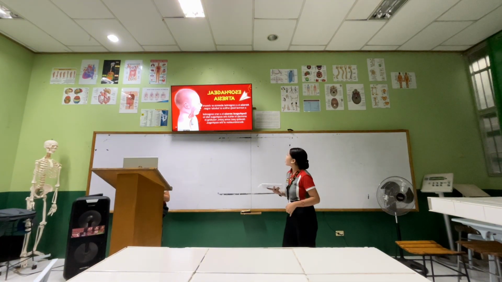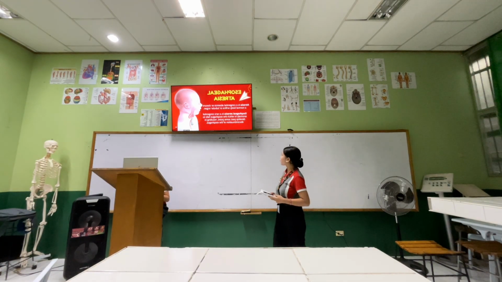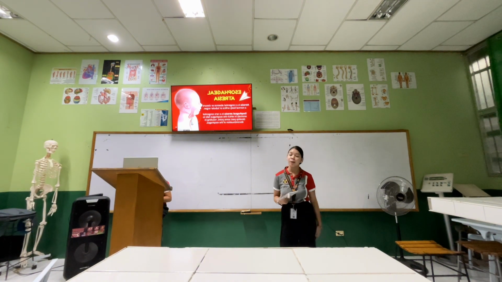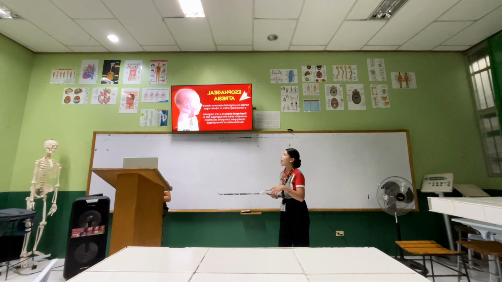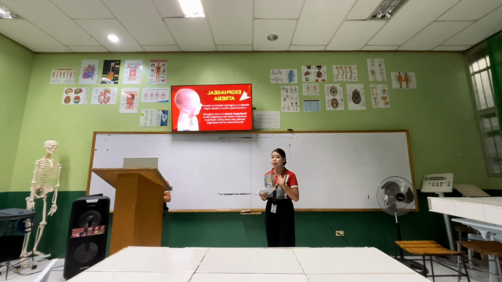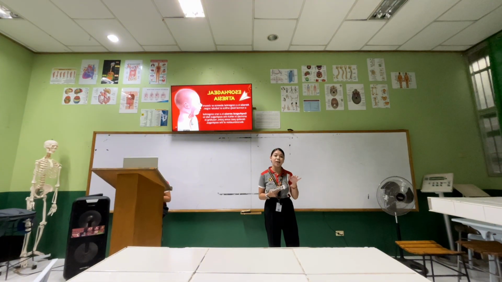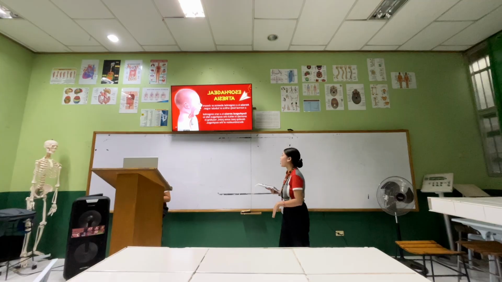And then esophageal atresia is a rare congenital anomaly in which the esophagus fails to develop past some point, resulting in discontinuation of the esophagus. Meaning our esophagus is blocked and not connected to our stomach.